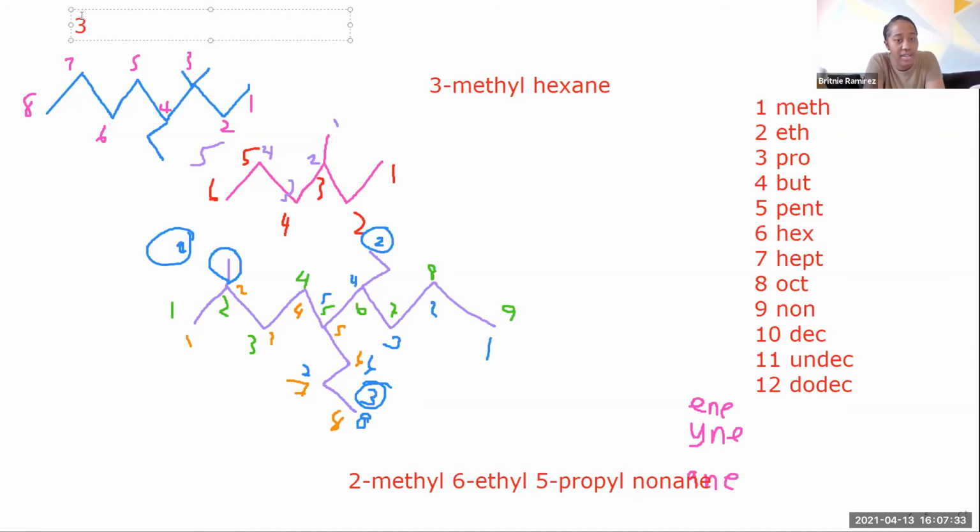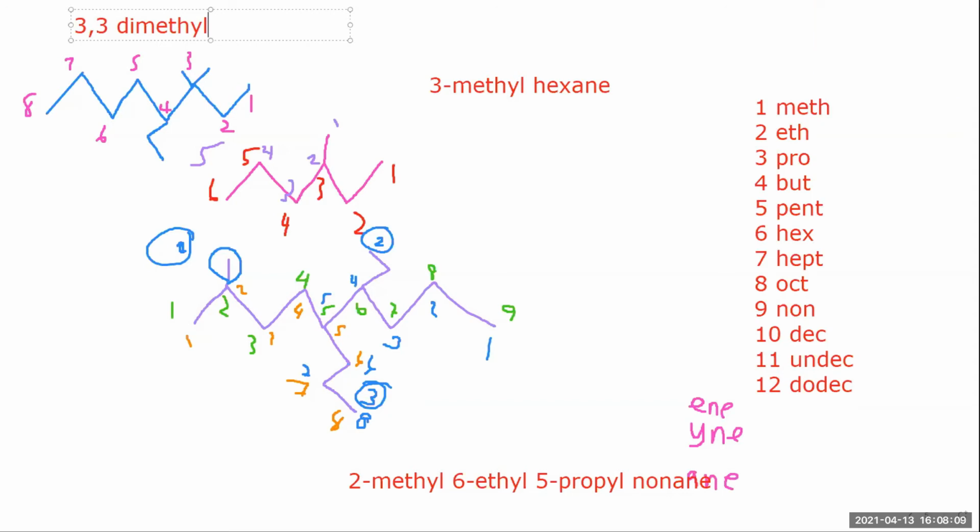3. Okay, so now here you have to say exactly where it's at. So you would say 3,3 dimethyl. What do you mean by 3,3? They're both at the third position. Oh, you named both of them? But isn't that what the dimethyl is? Because if they were at different positions, wouldn't it be 3-methyl 4-methyl? Yes, so it would be 3,4 dimethyl, right? Because you're only going to use that methyl once.